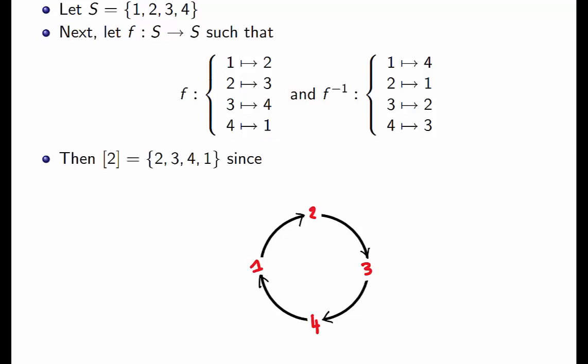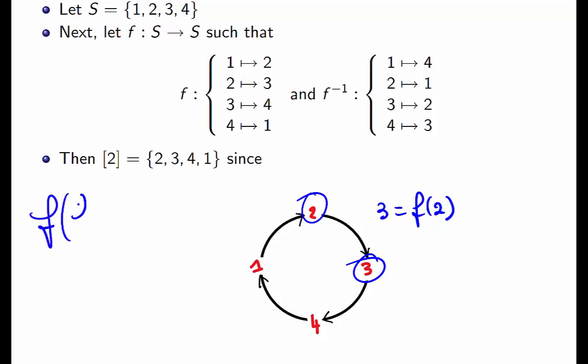Now, let's see what happens for the orbit of 2. Well, if you take 2, 2 goes to 3, since 3 is f of 2. But then if you compute f squared of 2, that will be f of 3, but f of 3 is 4.